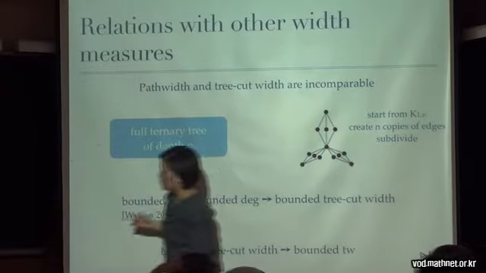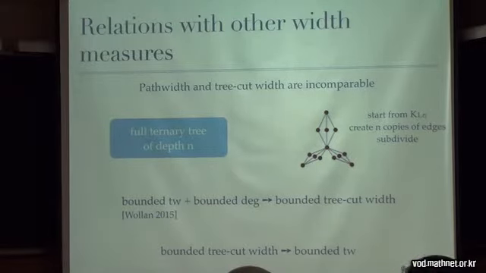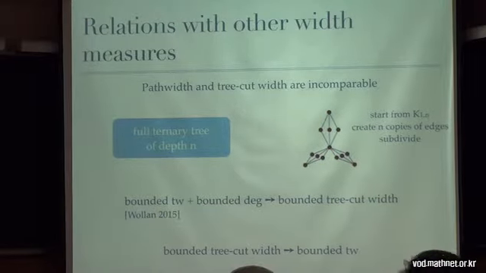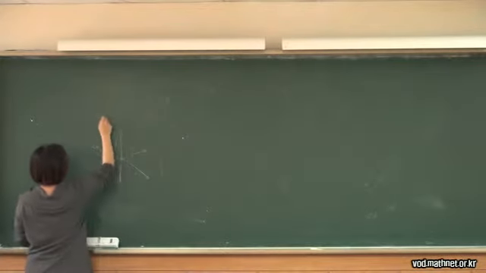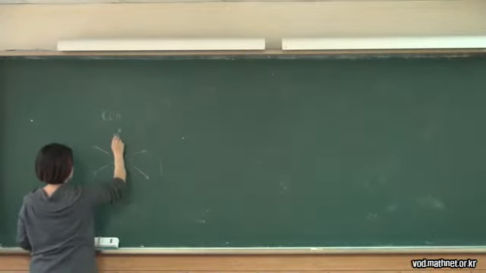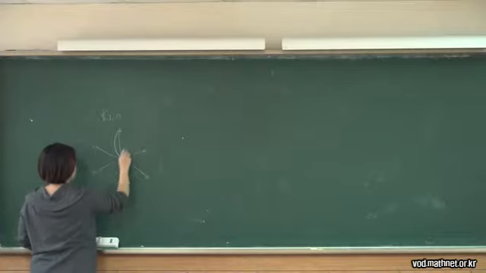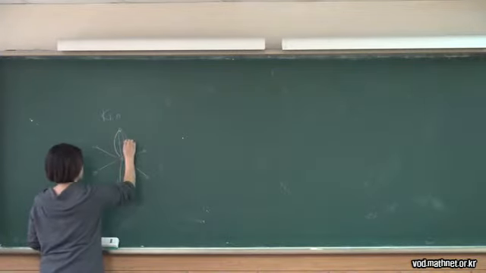So why? Okay, the second graph is obtained from a star with n leaves by replacing each edge with n parallel edges and subdividing them.